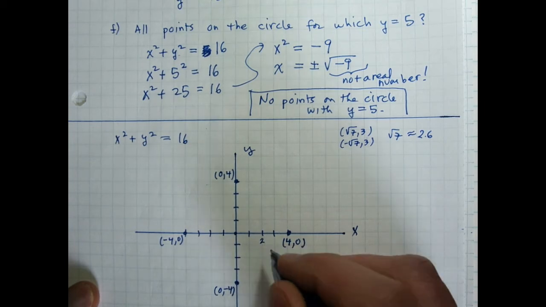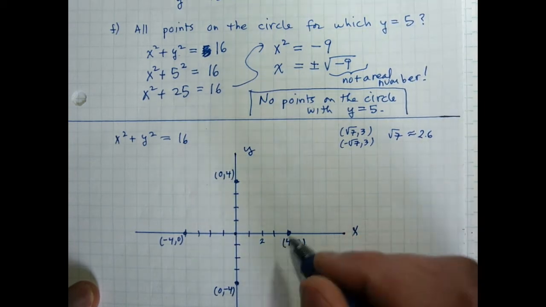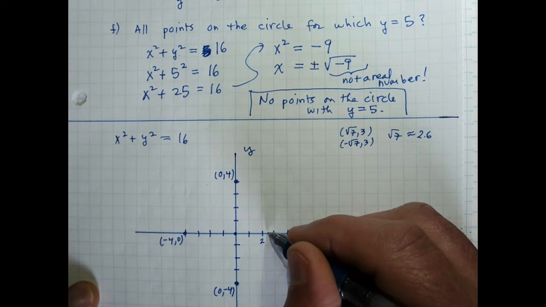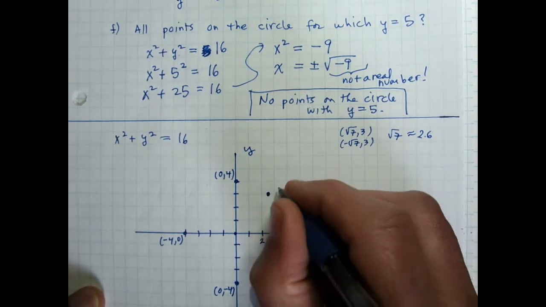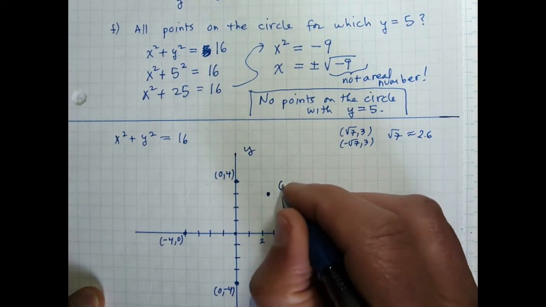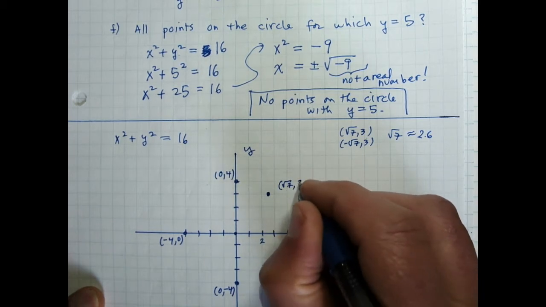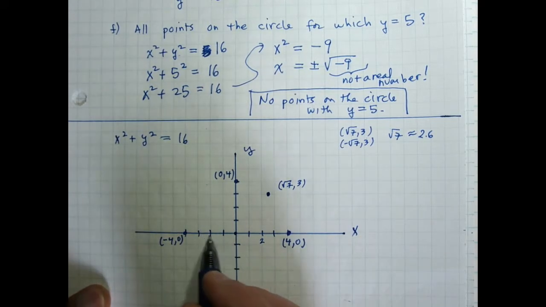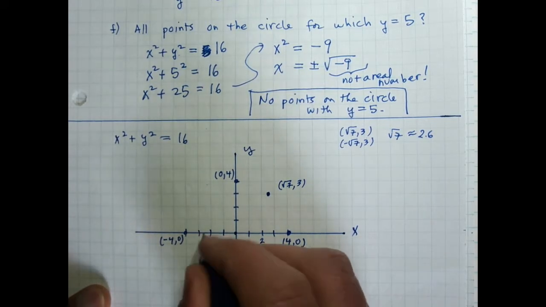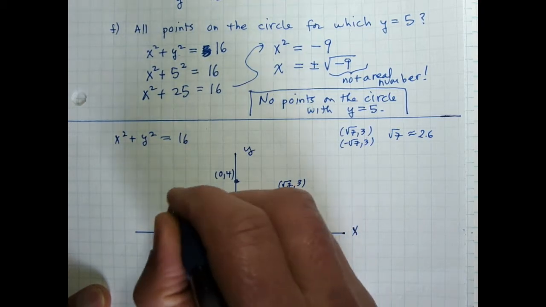Here's 2.6, about halfway in between 2 and 3. There's a point with coordinates square root of 7, 3. And if I do negative square root of 7, 3, that's about negative 2.6. It's over here.